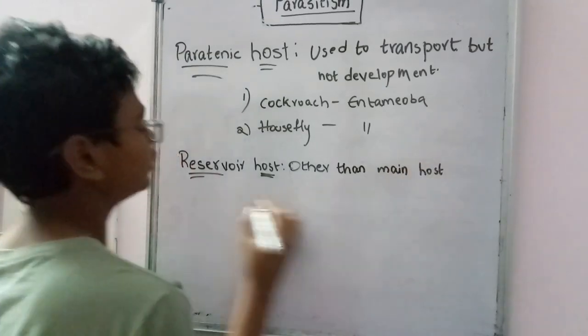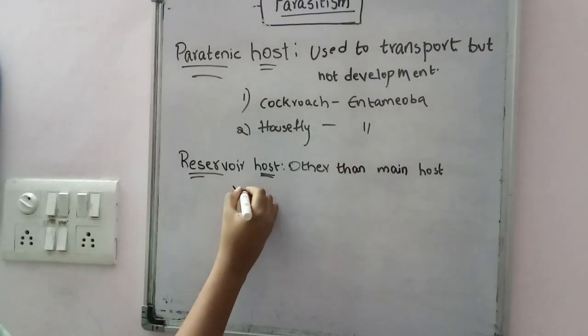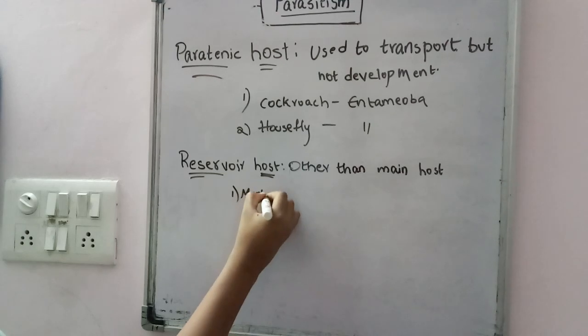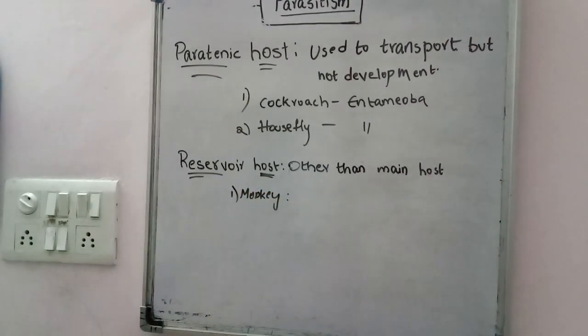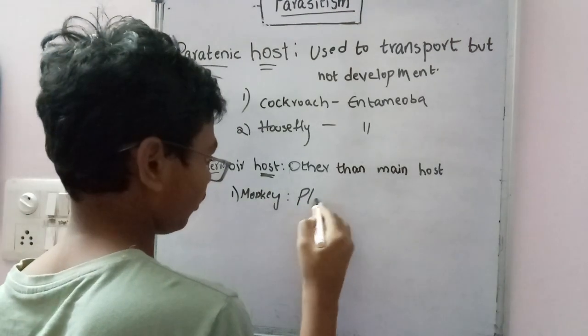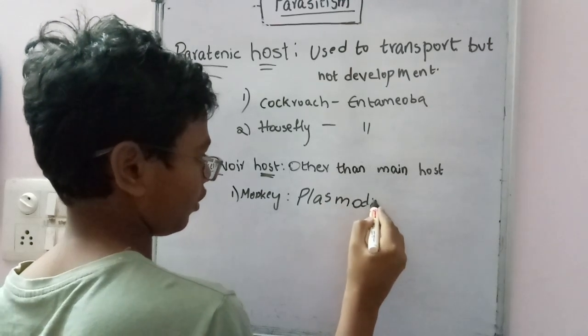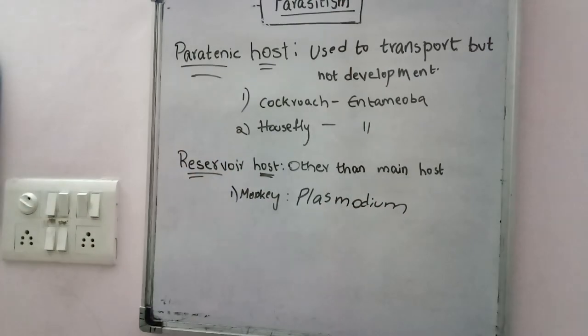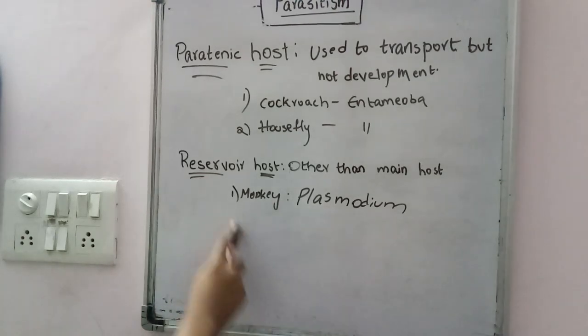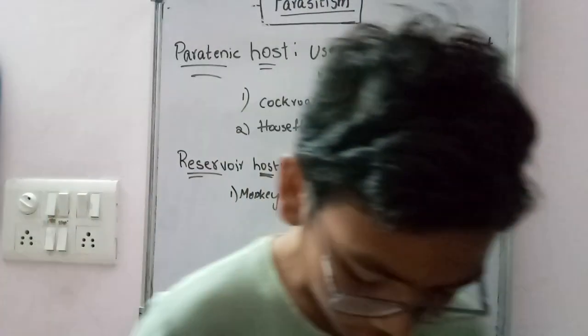Examples you can take as monkey. So monkey for Plasmodium. Whenever a human or female Anopheles mosquito is absent, Plasmodium will move on to a monkey.